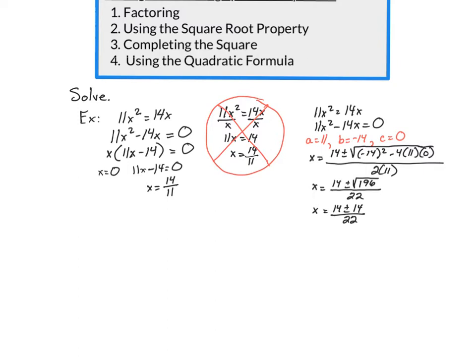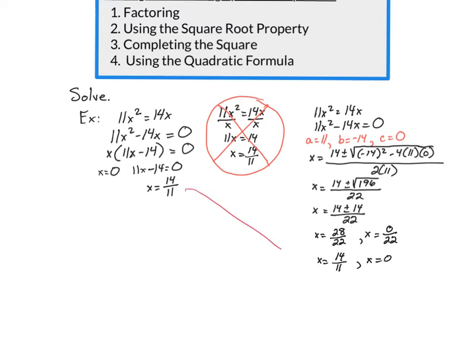So we continue and we would have x equals 14 plus 14 over 22. That's 28 over 22. And 14 minus 14 over 22, which is 0 over 22. We simplify both of those and we have 14 elevenths and we have 0.